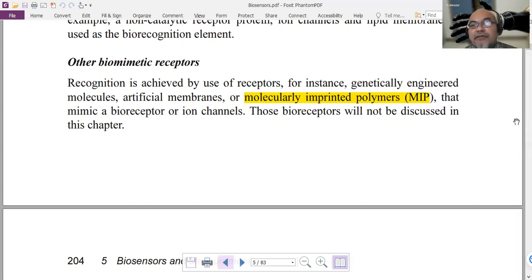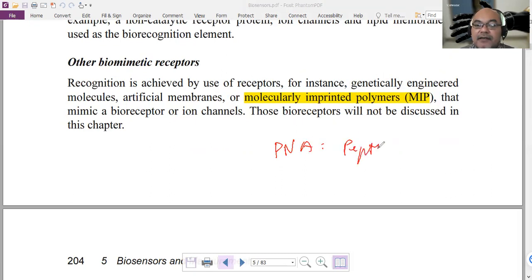These are made from non-biomolecules, but they function similarly to biomolecules. For example, genetically engineered molecules or peptides, PNA, peptide nucleic acids, which we discussed last week, which combine peptide and nucleic acid.